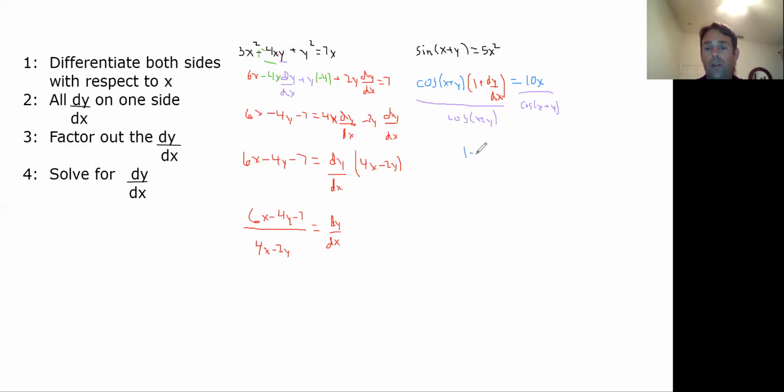So 1 plus dy dx equals 10x over cosine of x plus y. The last thing you got to do is just move that 1 over.